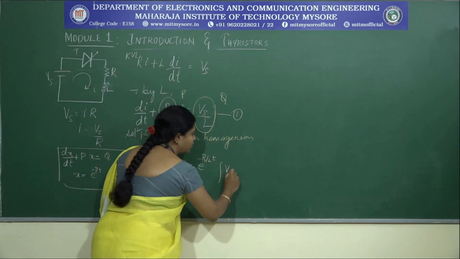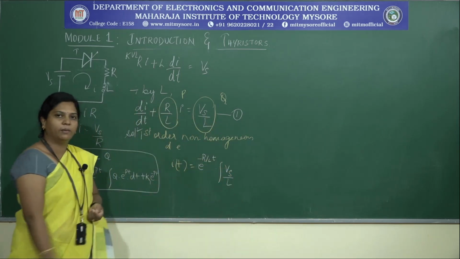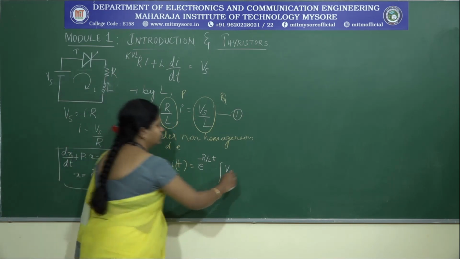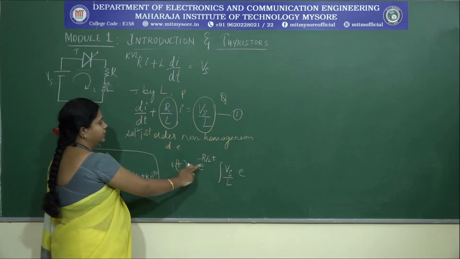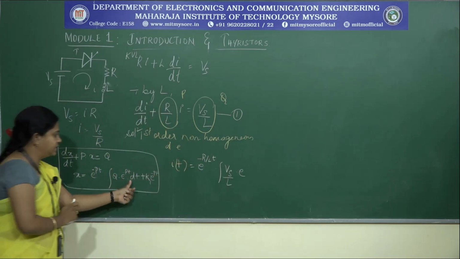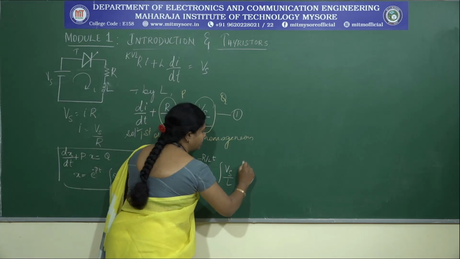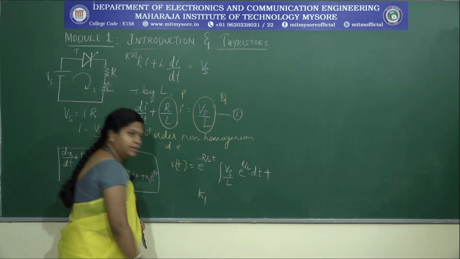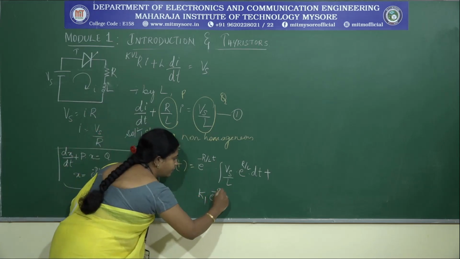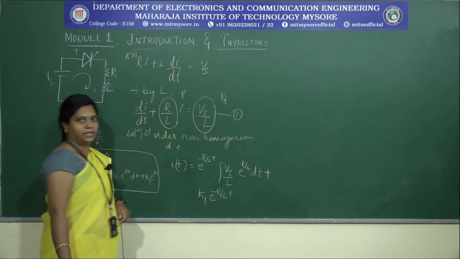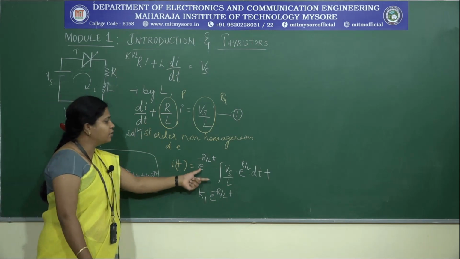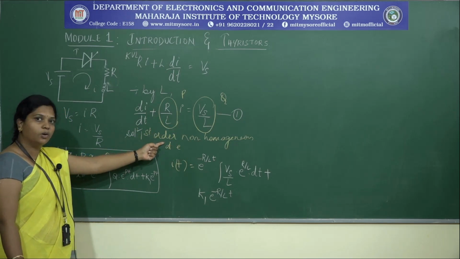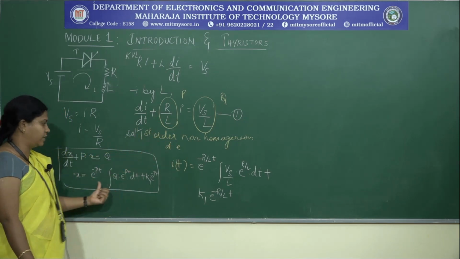Q is nothing but a constant which is not a variable of t. So, directly you can write Vs/L into e to the power of pt, that is e to the power of R/L into t, with respect to dt, plus the integration constant K1 into e to the power of minus R/L t. So, this is the solution for equation 1, which is of the type of non-homogeneous first order differential equation.